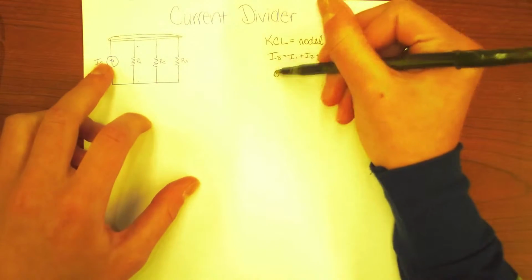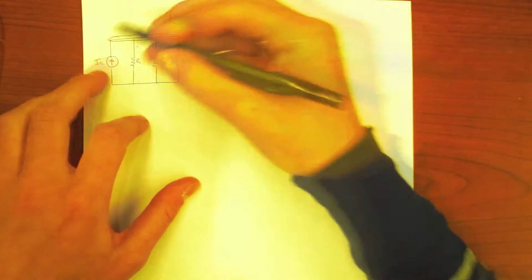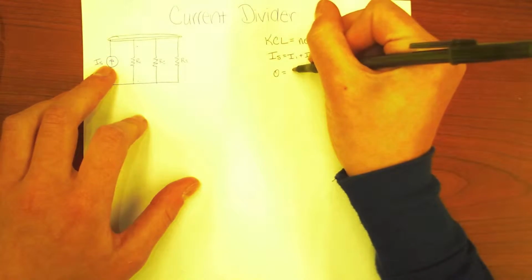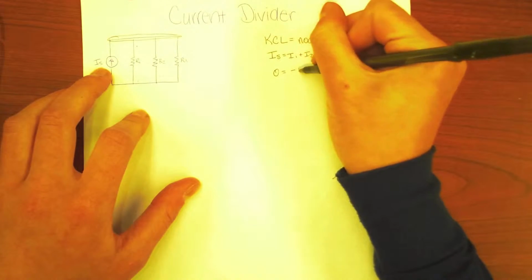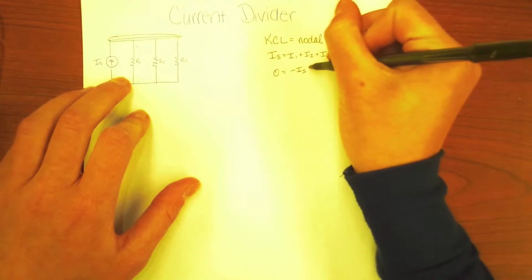So if you have a 0, we have IS going in here, so I like to have IS equal a negative number. So negative IS equals, so that's going in here. We have I1 coming out, I2 coming out, and I3 coming out.